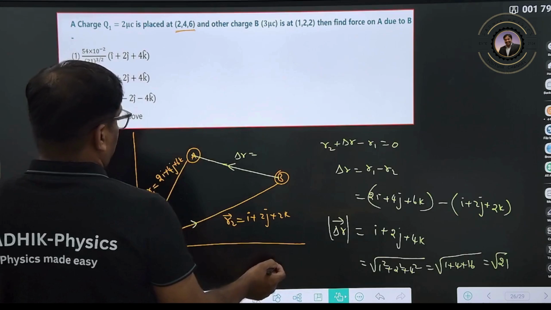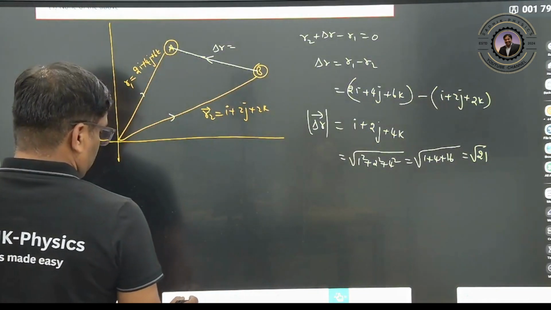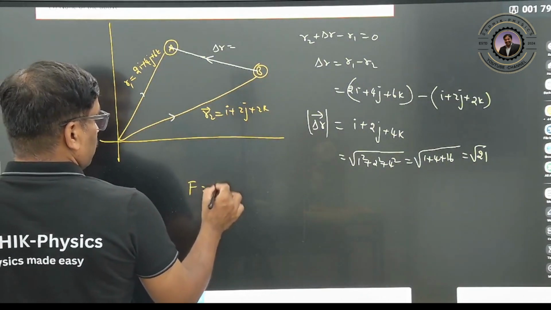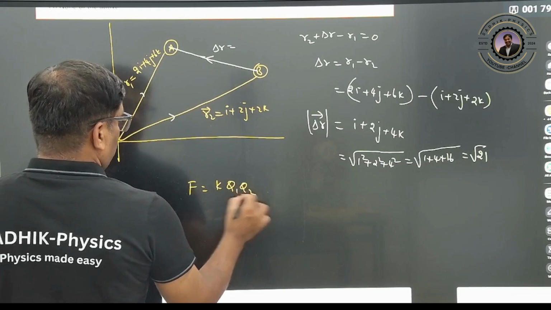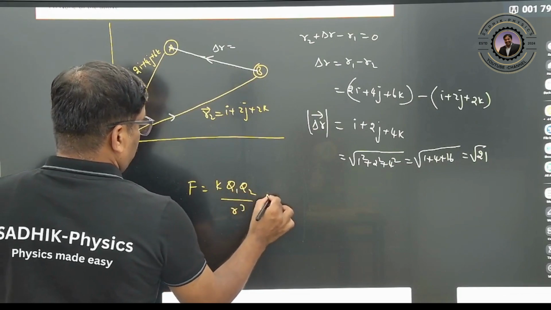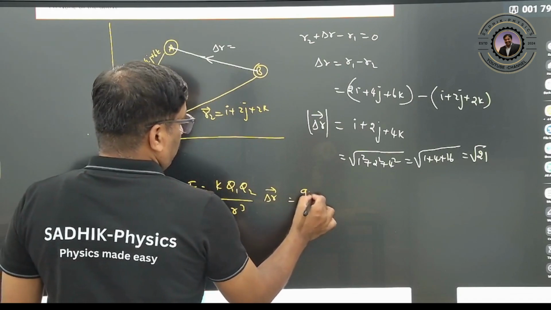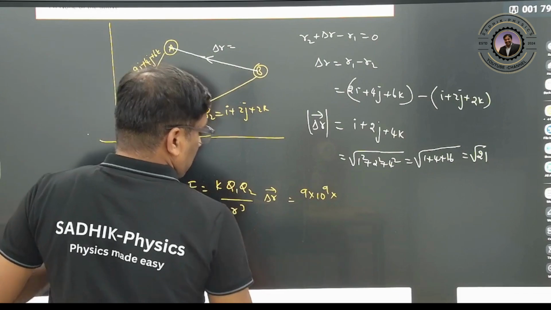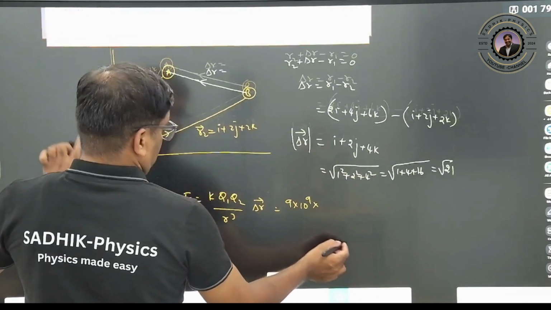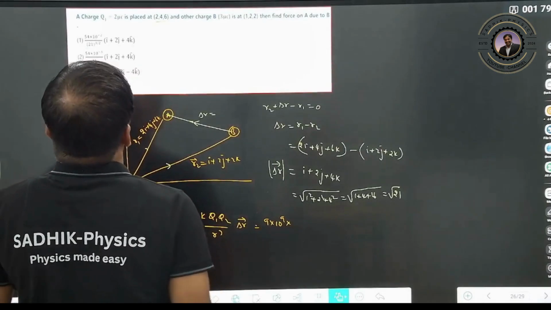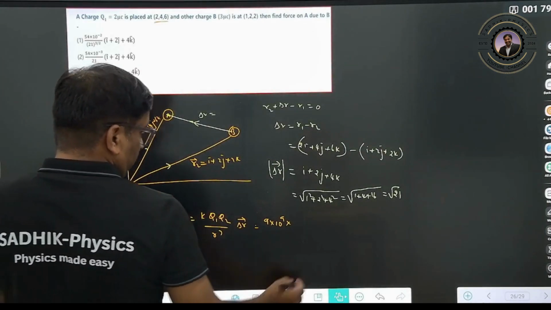So what is the formula here? We already did this formula in the introduction; I already told you. The formula is K Q1 Q2 by R cube into delta R vector. Therefore, 9 into 10 to the power of 9, and the charges on A and B: what is the charge on A? 2 microcoulomb and 3 microcoulomb.